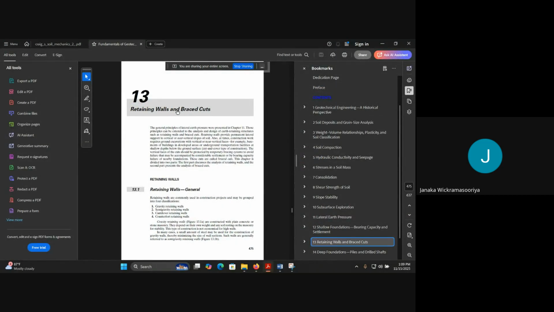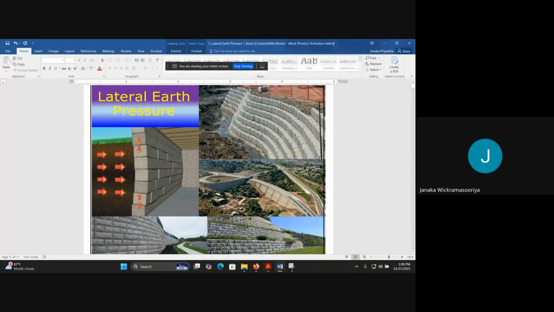the retaining walls. You will be designing a retaining wall, most probably today or in the next week. Right, you might have seen so many retaining structures like this.